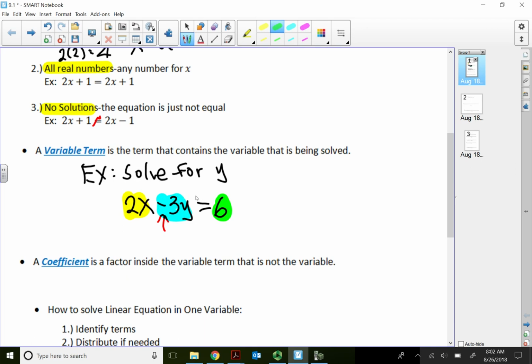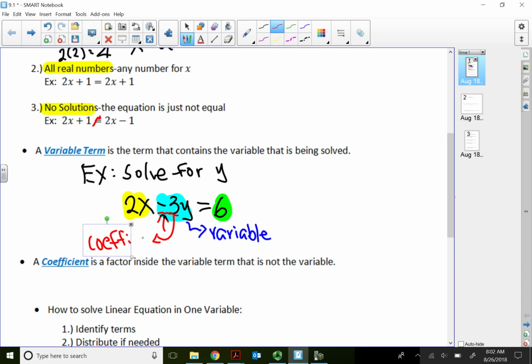Therefore, negative 3y is my variable term. Inside negative 3y, y is the variable, so negative 3 is the coefficient.